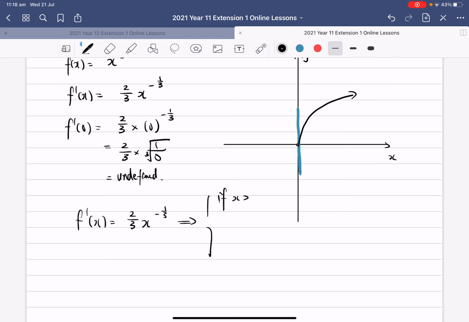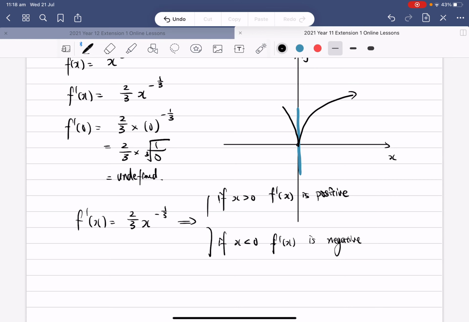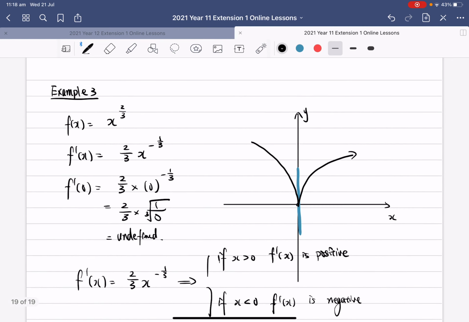If x is greater than 0, then f'(x) is positive, so you have a positive gradient and the curve is increasing. If x is less than 0, then f'(x) is negative, so the curve is decreasing, so it goes like this.